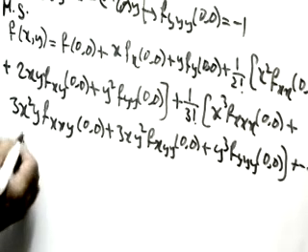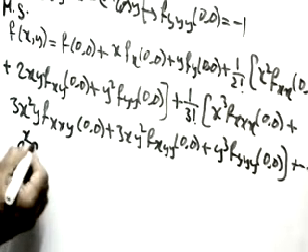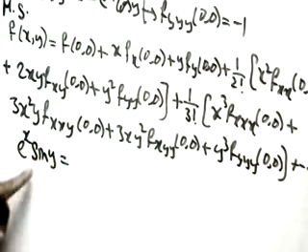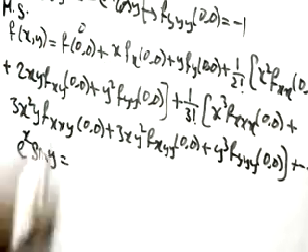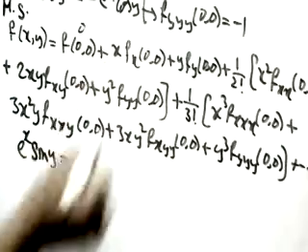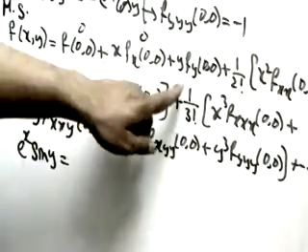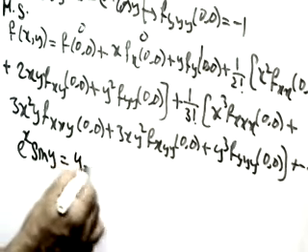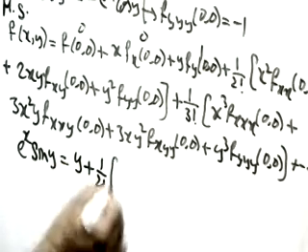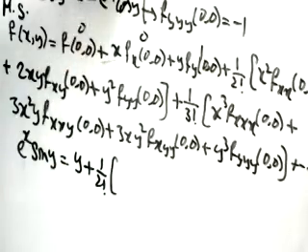Now let me substitute. f(x,y) is nothing but e power x sin y. This is the expansion for this. f(0,0) is 0, no need to write it. fx is also 0. fy(0,0) is 1, so 1 into y will be y, plus 1 by 2 factorial.